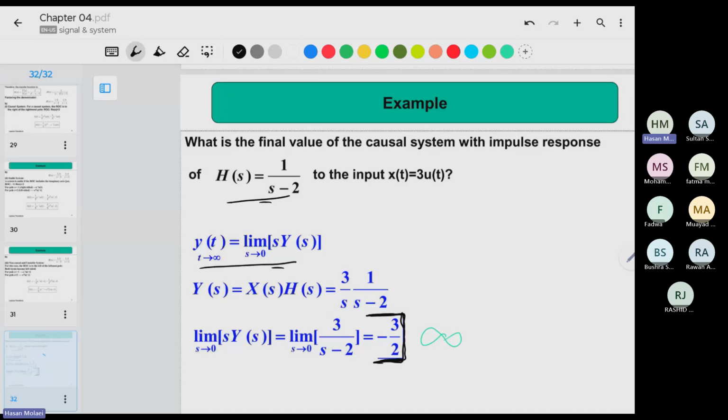Do you think this answer is true if I make this system real and if I apply 3u(t), when t goes to infinity, it would be something other than minus 3/2.